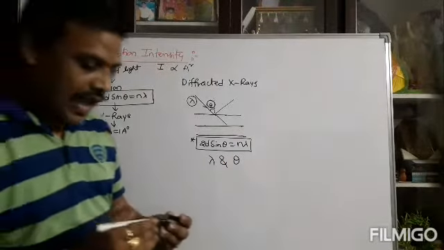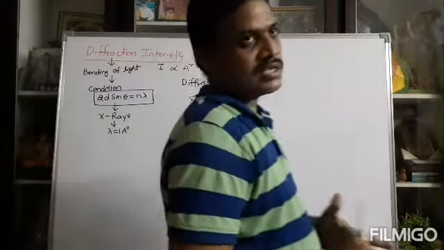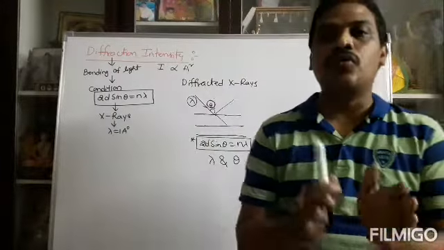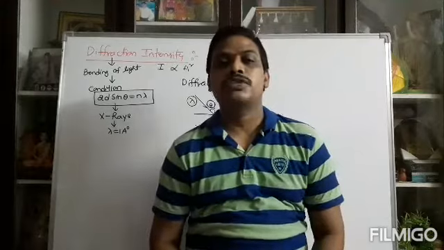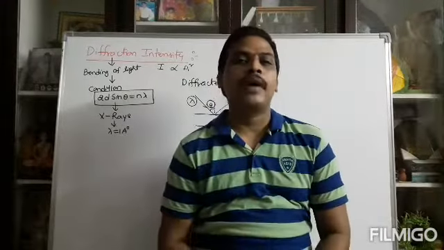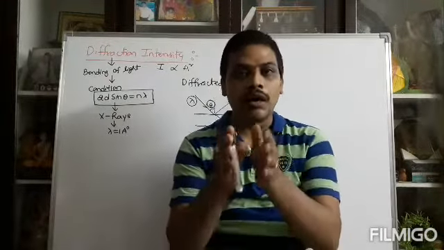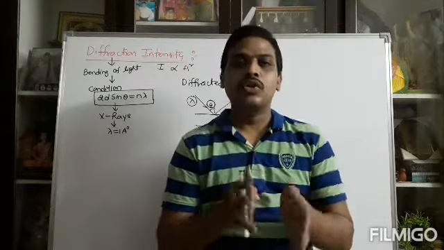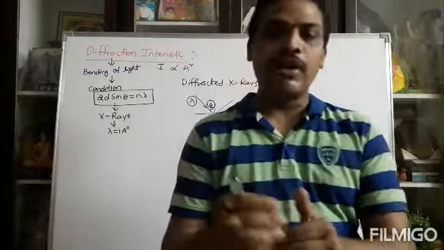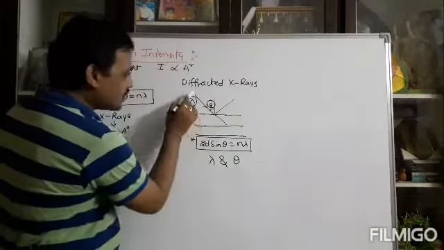X-rays incident at every angle on the crystal do not obey Bragg's condition. Bragg's condition is obeyed only at a particular angle of incidence, a particular glancing angle, based on the incident wavelength.